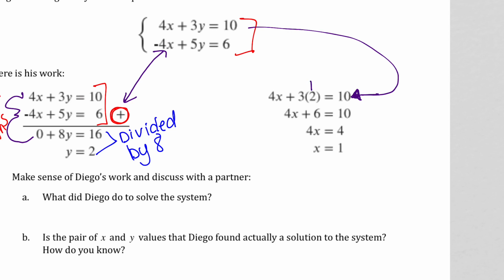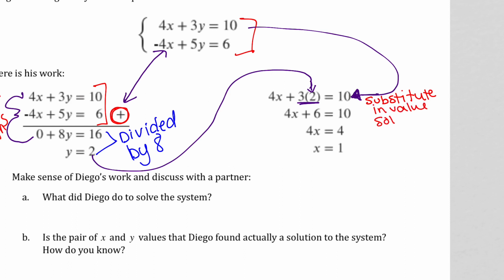And Diego plugged in the value we got for y. Okay? That's where that 2 came from. Then from here, he solved. So let's see here. The first step was to substitute in the value solved for already.